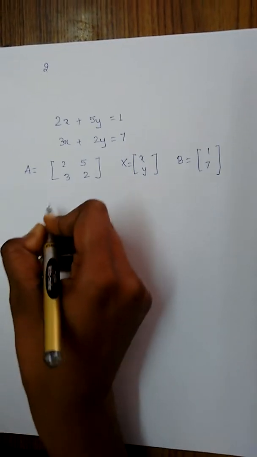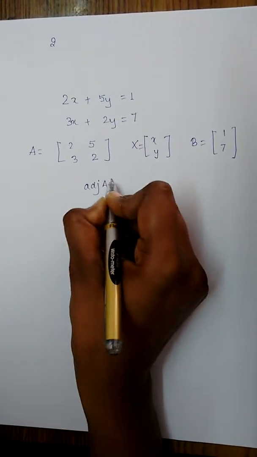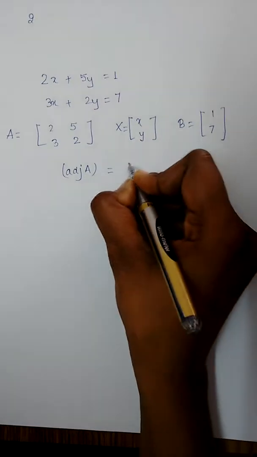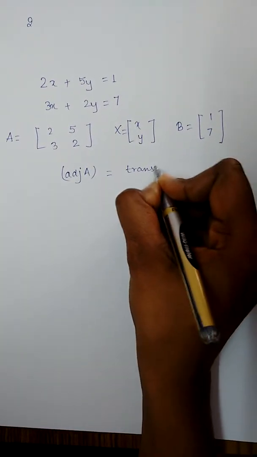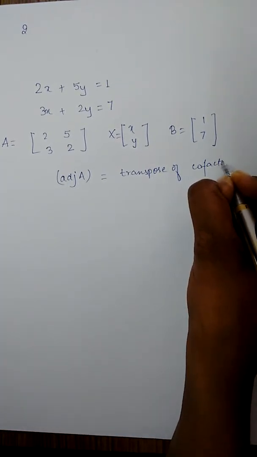First we need to find the adjugate of A. How do we find the adjugate of A? Adjugate of A is the transpose of the cofactor matrix.